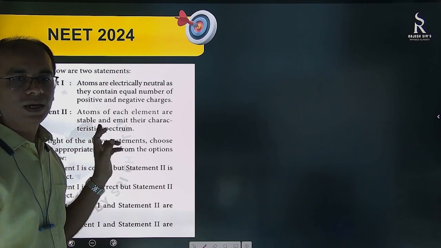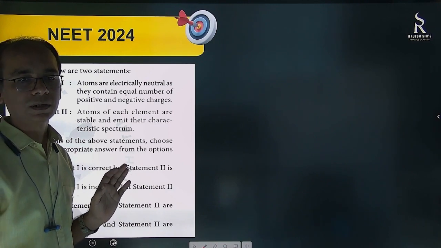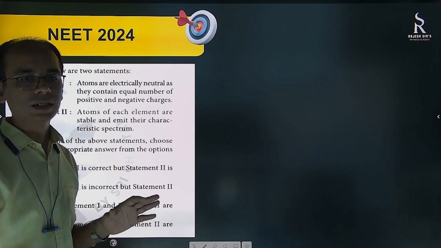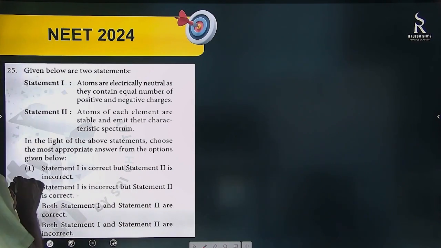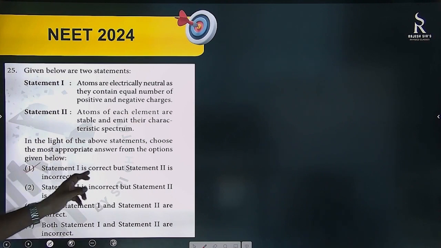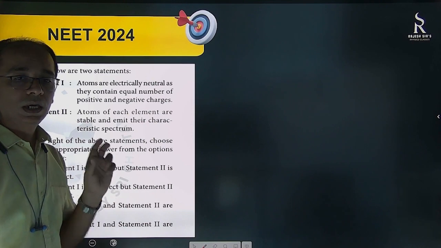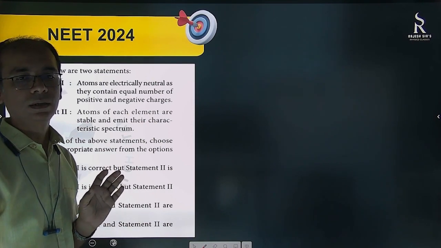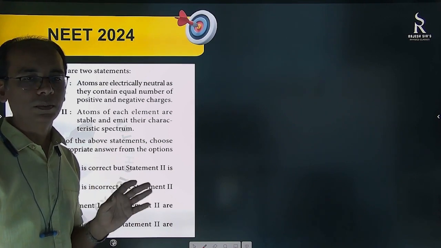If they are stable, then they should not be emitting any spectrum. When they are unstable, then only they release energy. When they are already stable, they do not release energy. So in this one, my answer is first one. Statement 1 is correct, but statement 2 is incorrect. If the elements are stable, they are not going to emit any spectrum, any wavelength. Okay.